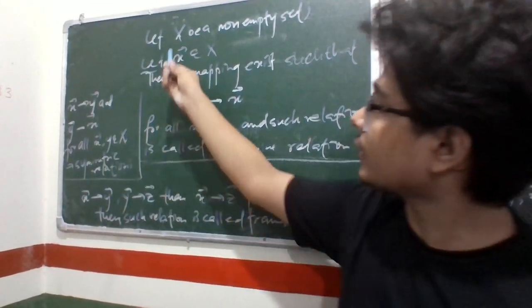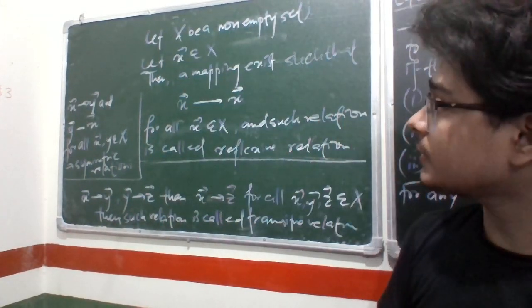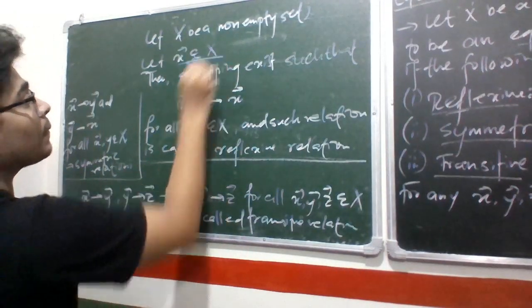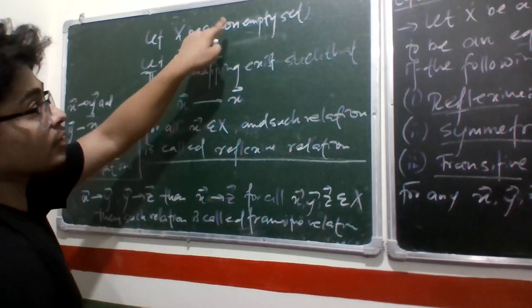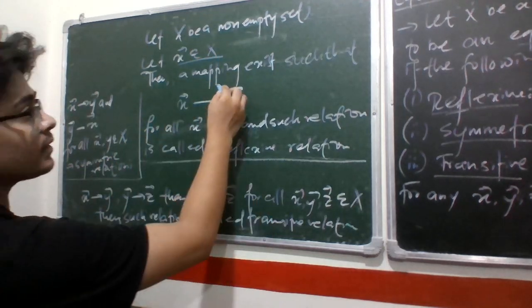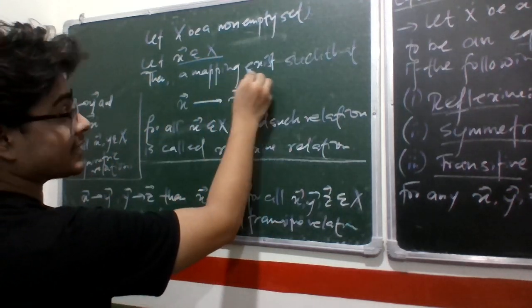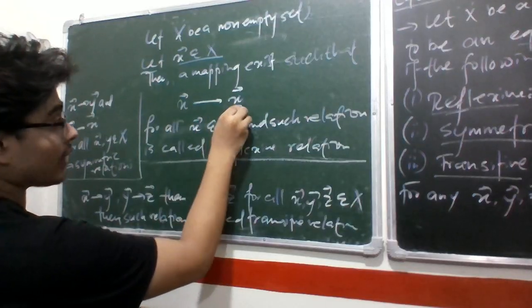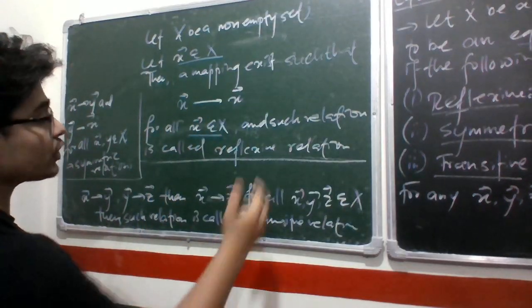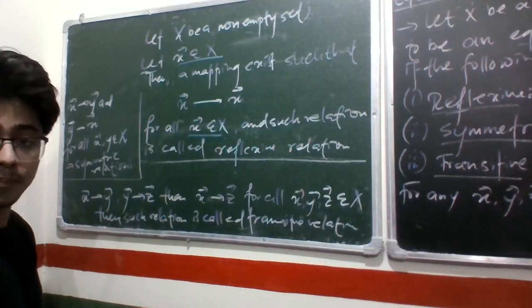Let's suppose we have X, which is a non-empty set, and let's suppose x belongs to X. If that's the case, then a mapping exists such that x maps to x for all x in X, and such a relation is called a reflexive relation.